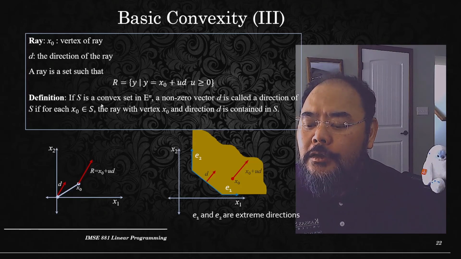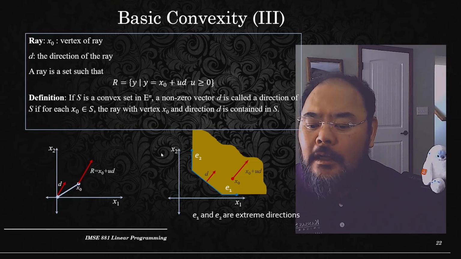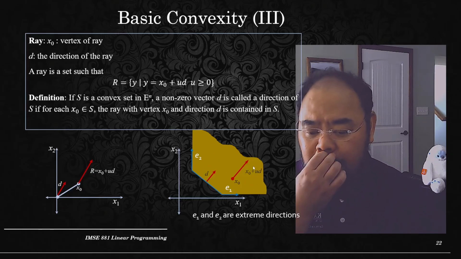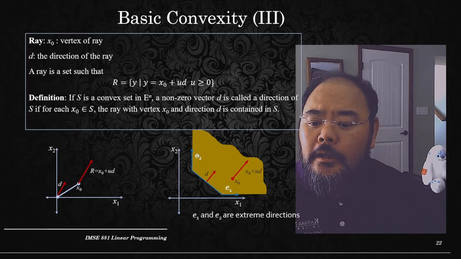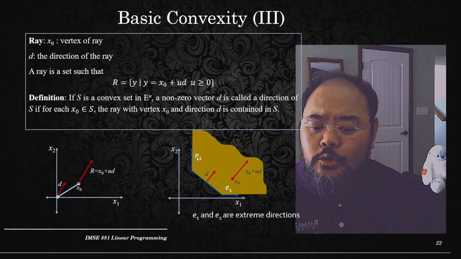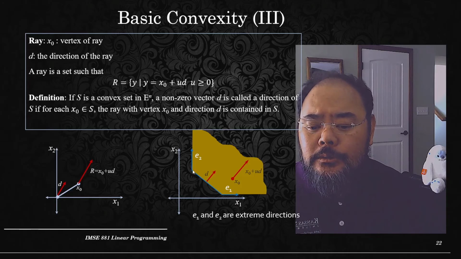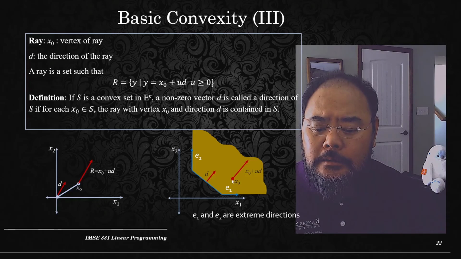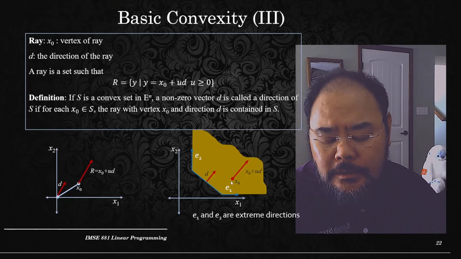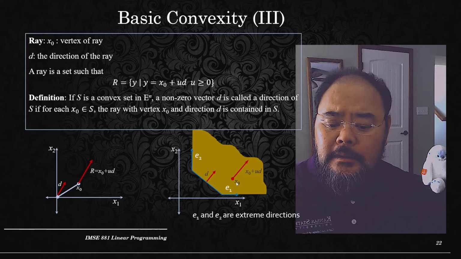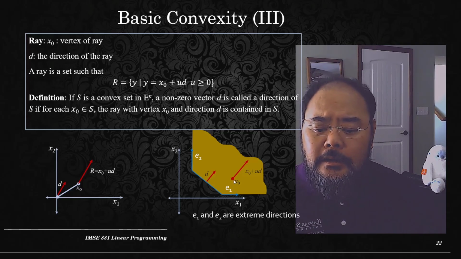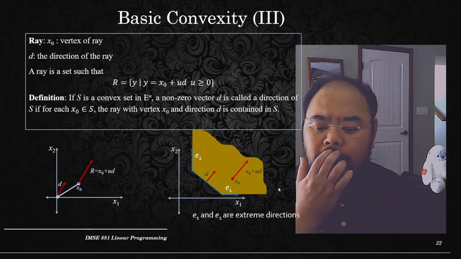To illustrate this definition, the set S is convex. Look at the yellow region right here. We have one direction called D, and x naught is within this set S, the start vertex, and then x naught plus mu times d still belongs to the yellow region. This yellow region expands to infinity.